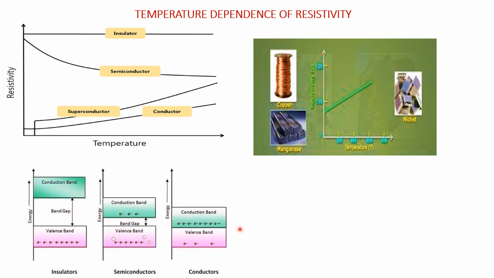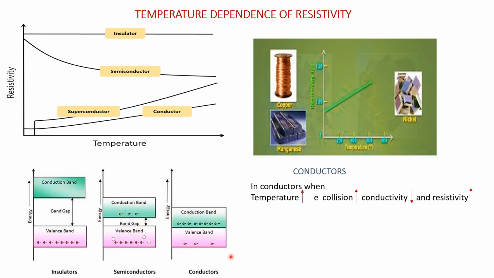So what exactly happens here? In conductors, as we increase the temperature, there are already free electrons available in the conduction band because the valence band and the conduction band here overlap. So when we increase the temperature, we are exciting more free electrons from the valence band to the conduction band.